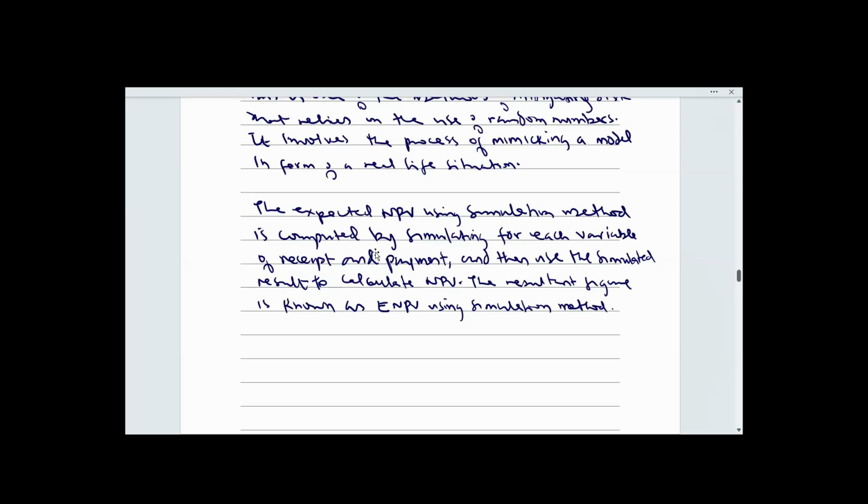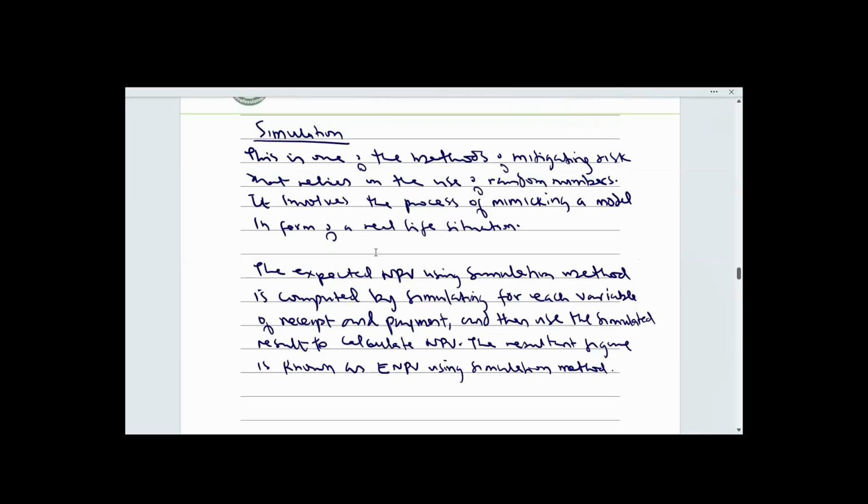Okay, so that's all you need to do. Now, the difference is that the examiner can ask you to calculate expected NPV. The same way the examiner will test the question under the expected value method is the same way it will be tested under simulation. The only difference is that if it's going to be simulation, the examiner will give you random numbers. You can call them random numbers or tag numbers.